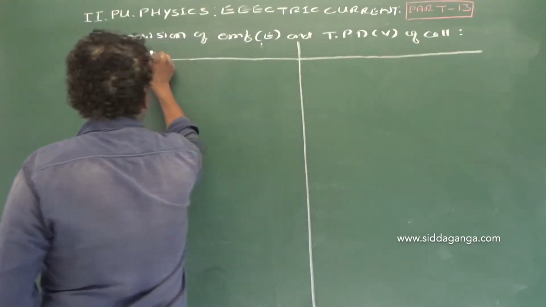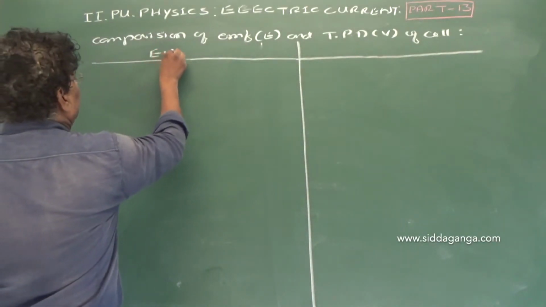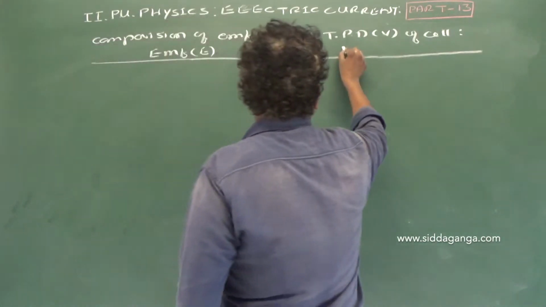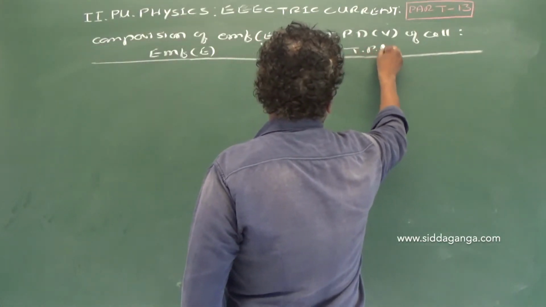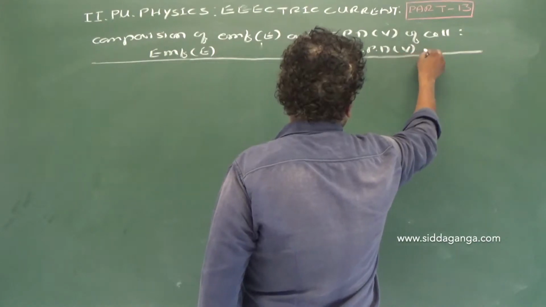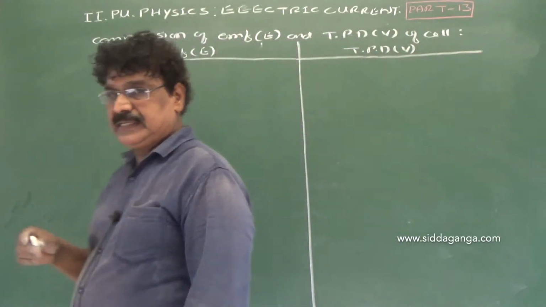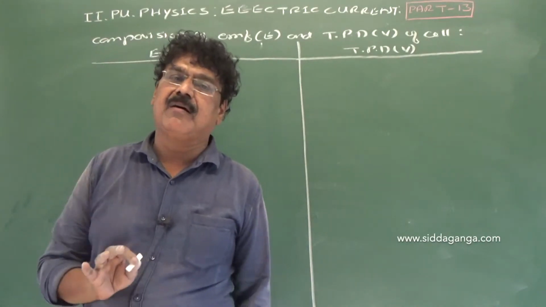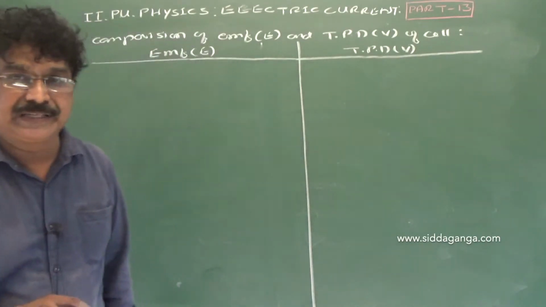Now this is EMF E, terminal potential difference V. The same terminal potential difference is simply called potential difference.